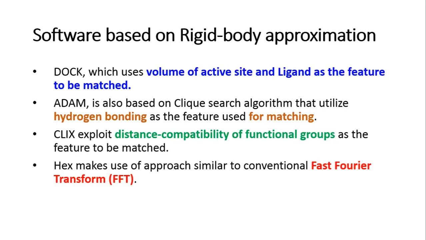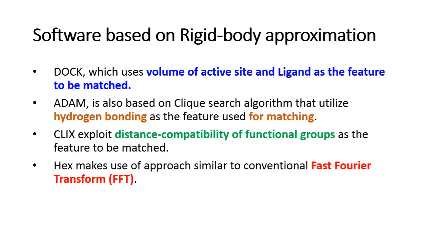Say, for example, in the active site of any protein, if you have a hydrogen bond donor, and there is a hydrogen bond acceptor feature in your ligand molecule, then it is considered that they would orient themselves to match. This matching is usually done in ADAM.